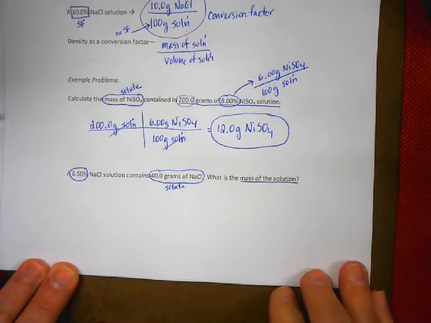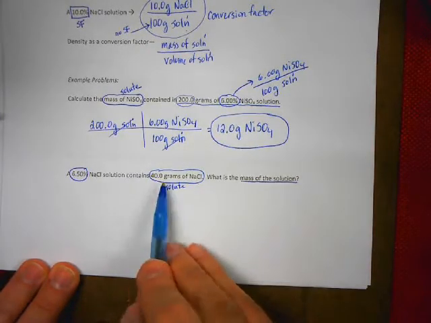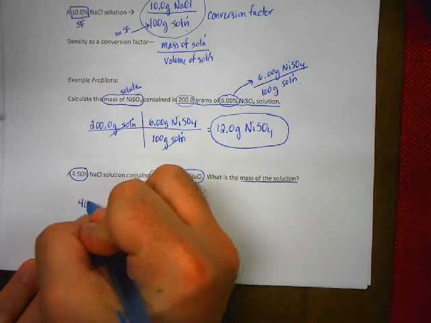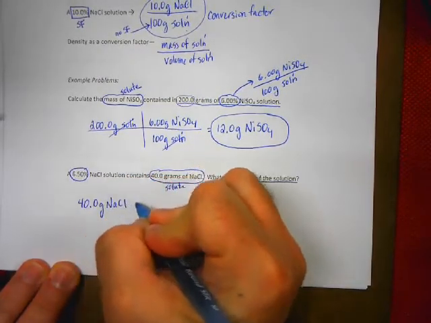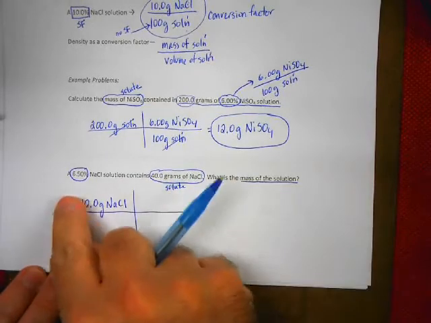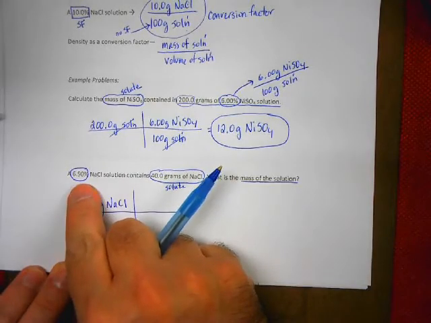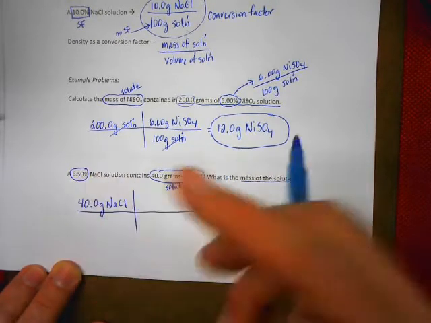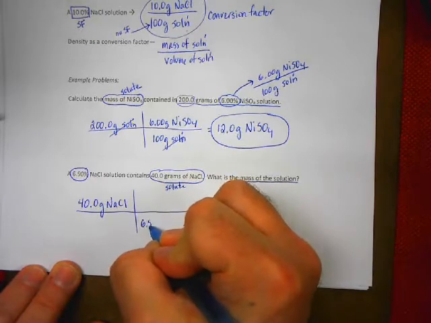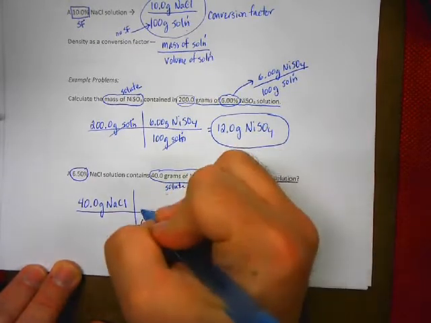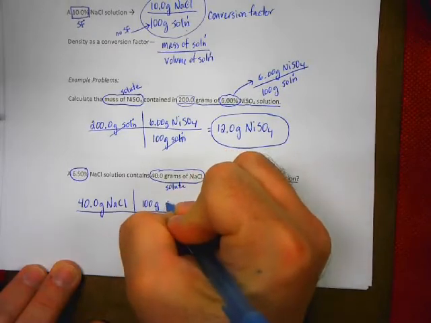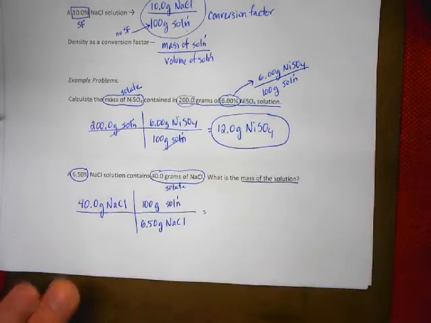So we're going to start with what we're given, 40.0 grams of NaCl. Now our 6.50% tells us that we have 6.50 grams of NaCl per 100 grams of solution. So the 6.50 grams of NaCl goes in the bottom, so our units cross out, and the 100 grams of solution goes up on top.